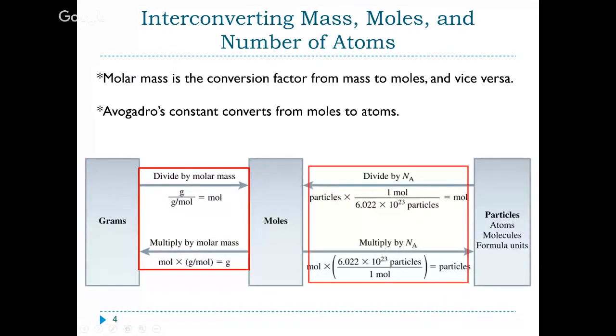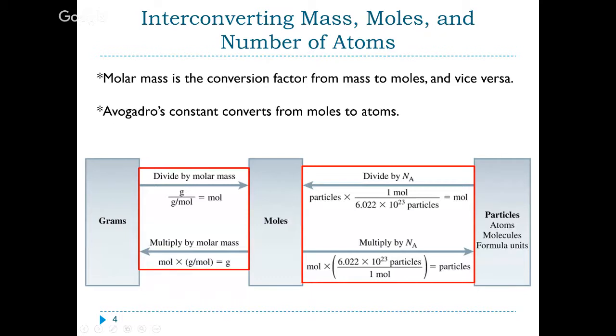When we want to know how many atoms or molecules, particles, formula units, electrons, however many we're looking at, we use Avogadro's constant to convert between moles and what we're interested in. So if we're given moles, we multiply by Avogadro's number to get to the particles that we're interested in, and we will expect to have a fairly large number here, so times 10 to the something represents our particles.